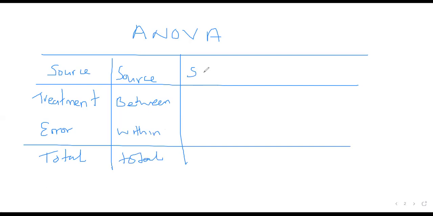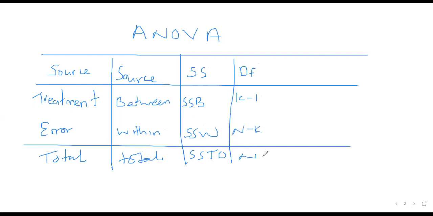So we say sum of square between, sum of square within, just the acronyms of the first letter, then sum of square total. Then we have the degrees of freedom, DF. This is K minus 1, this is N minus K, and this is N minus 1.